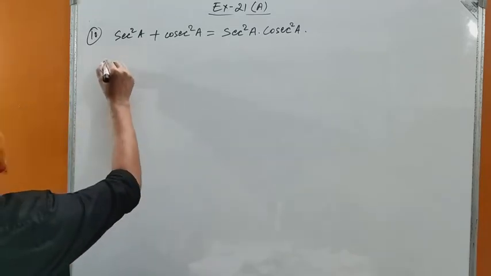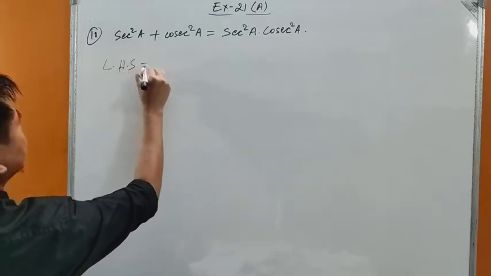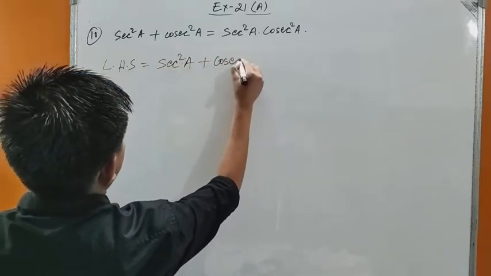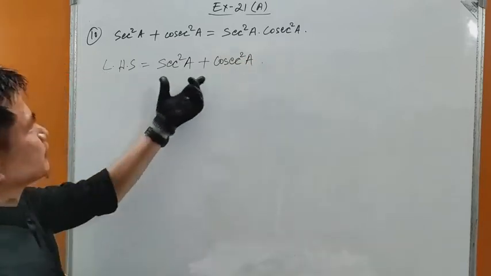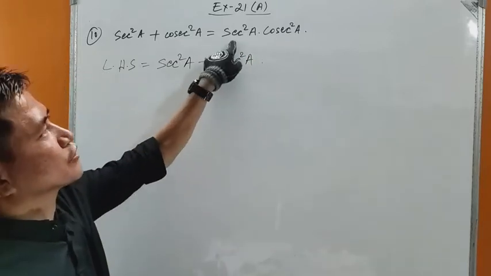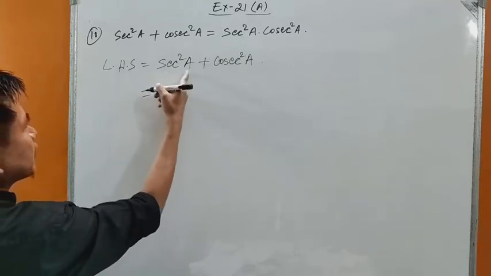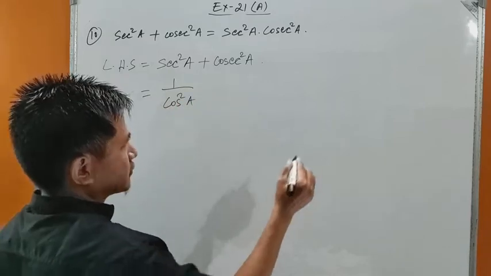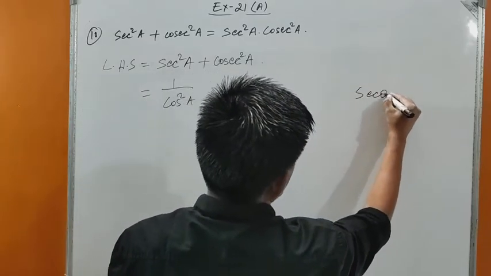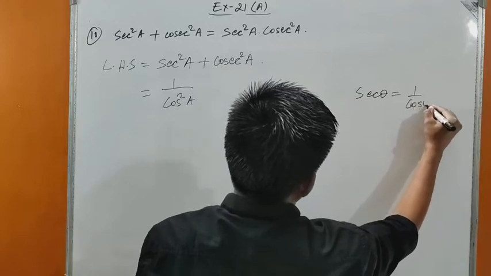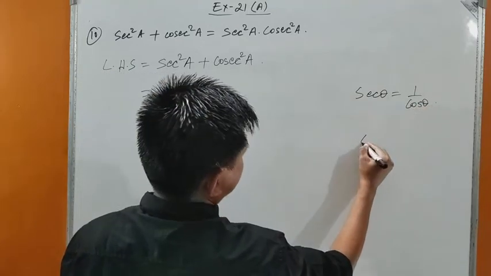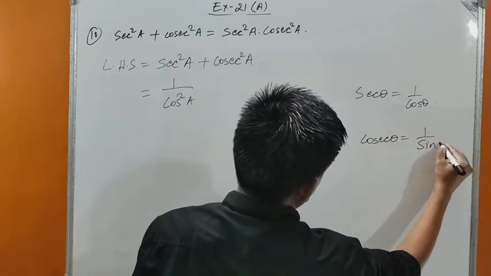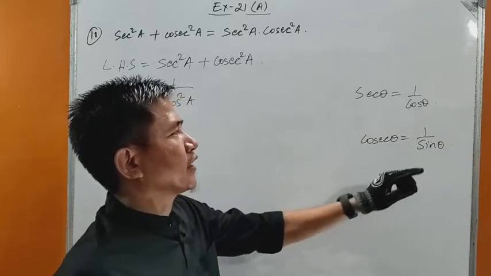So let's begin. In the left hand side we have sec square A plus cosec square A, and we are asked to prove this equals this. So this sec square A can be written as 1 upon cos square A, since we know that sec theta equals 1 upon cos theta and cos theta equals 1 upon sec theta, and cosec theta equals 1 upon sin theta.